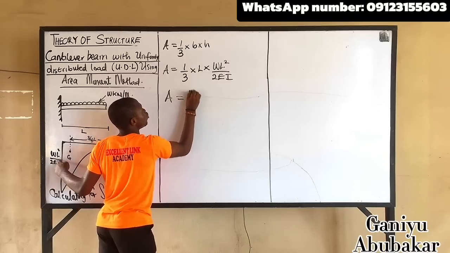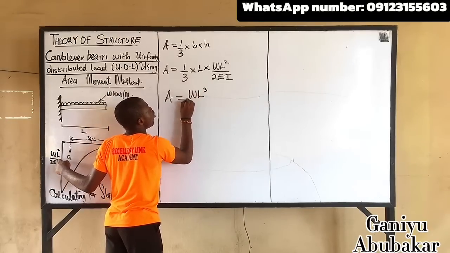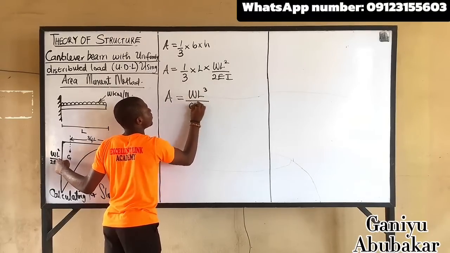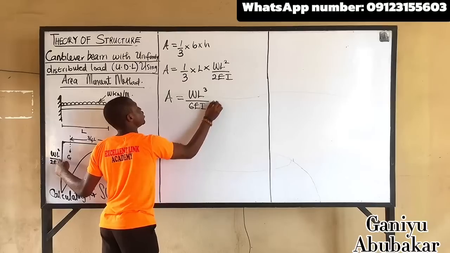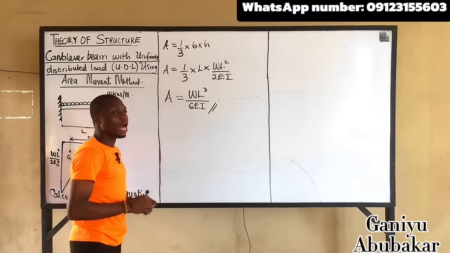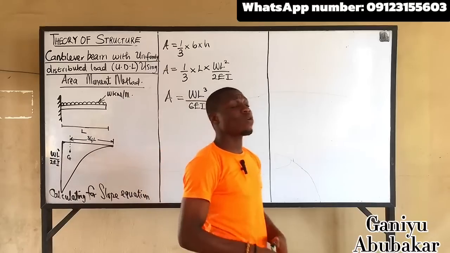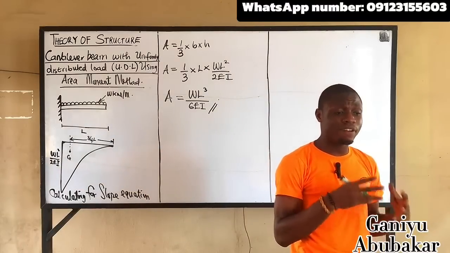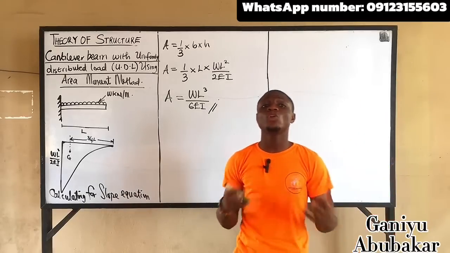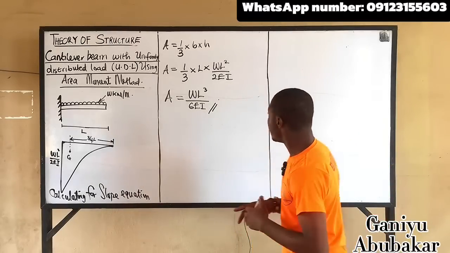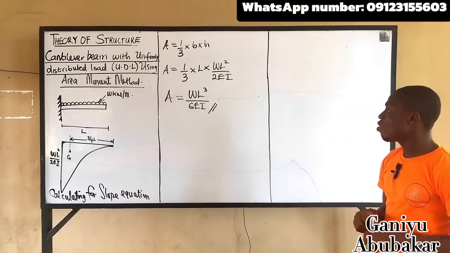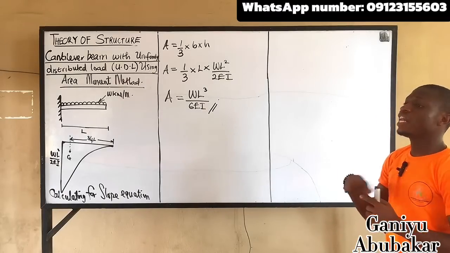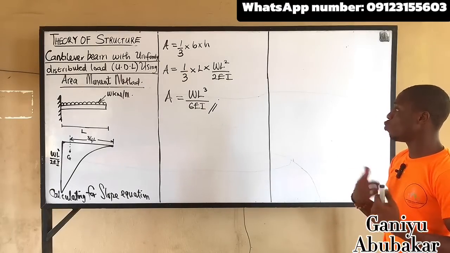Picking out W, next up L cubed, all over 3 times 2, which is 6EI. So this is my formula, or my slope equation, for a cantilever beam with uniformly distributed load using the area moment method.